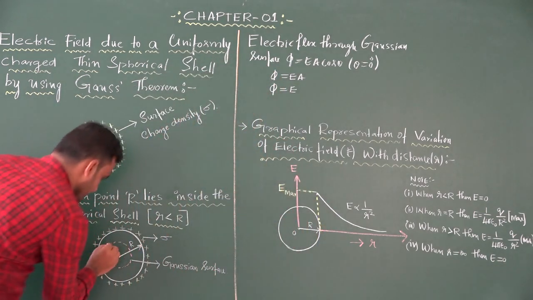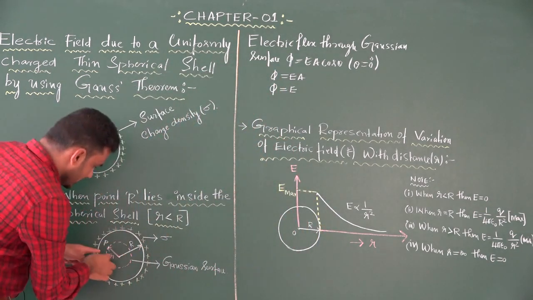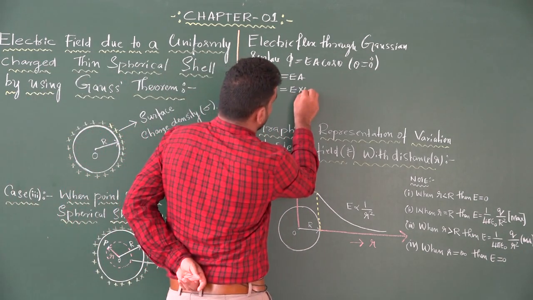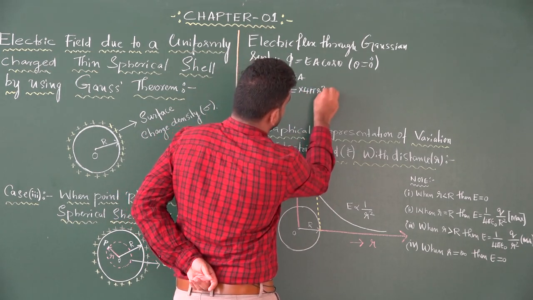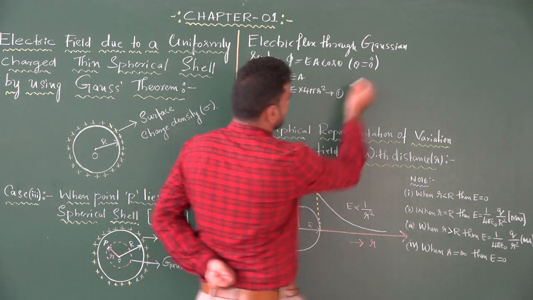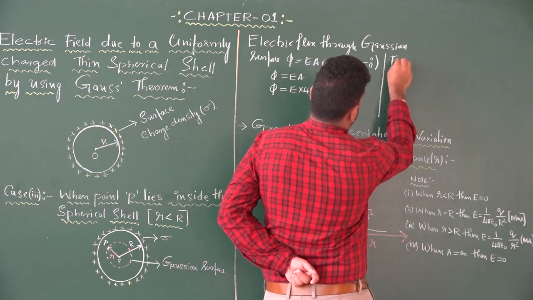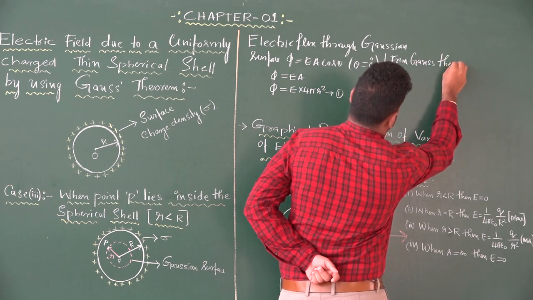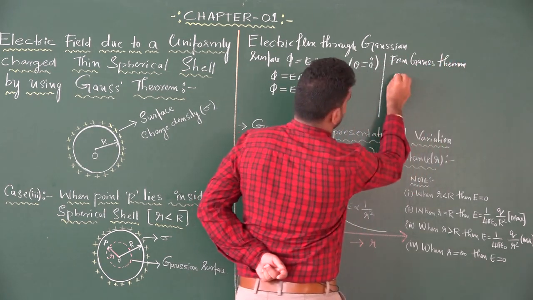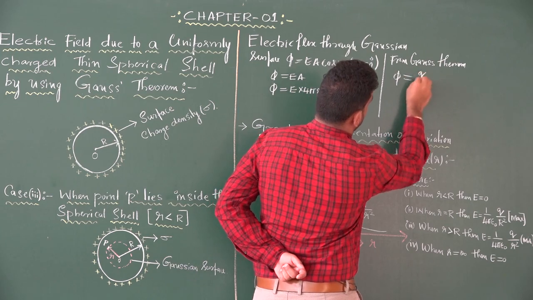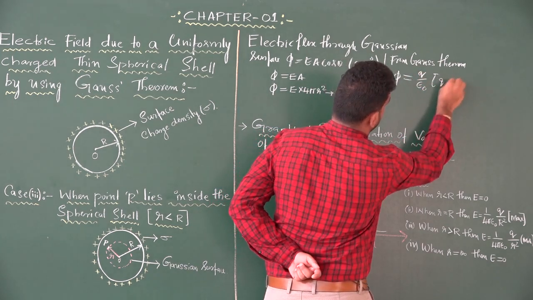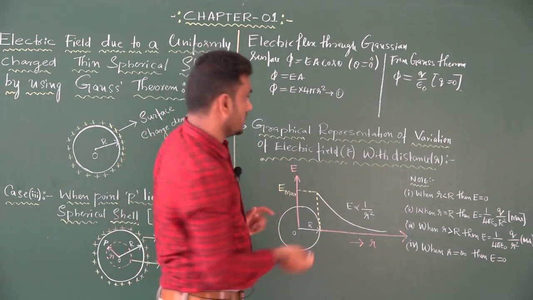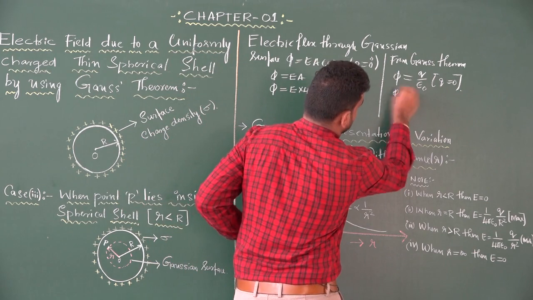What is the distance of the point P? Small letter r. So what am I supposed to write? 4 pi r squared, equation number 1. Then from Gauss theorem, we know the equation phi is equal to q by epsilon naught, but q is equal to 0 because inside the spherical conductor q is equal to 0, so phi is equal to 0.